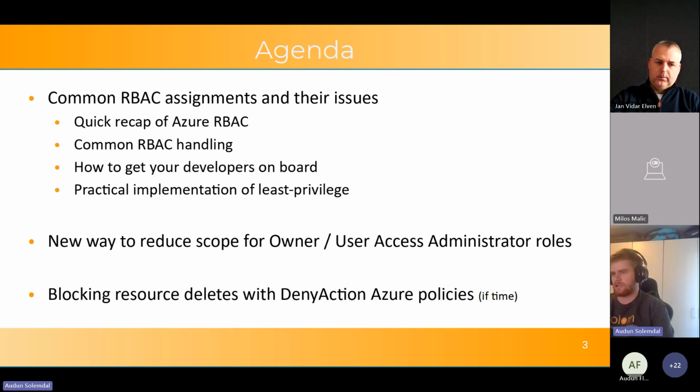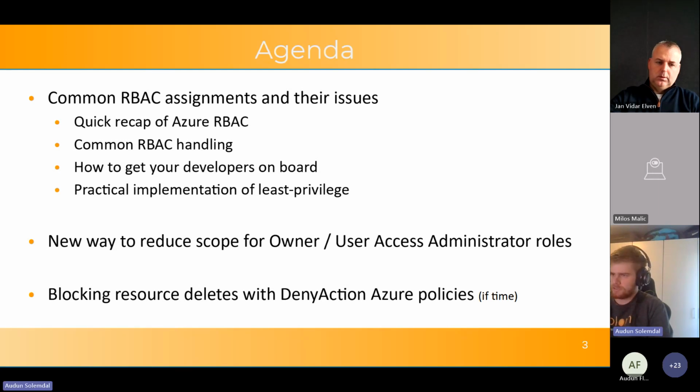Later we'll be talking about a quite new method, around a month old since it came out in preview, of how you can limit owner permissions and user access administrator. These are highly privileged roles to your subscriptions. I will look at how we can scope these permissions down more granularly.